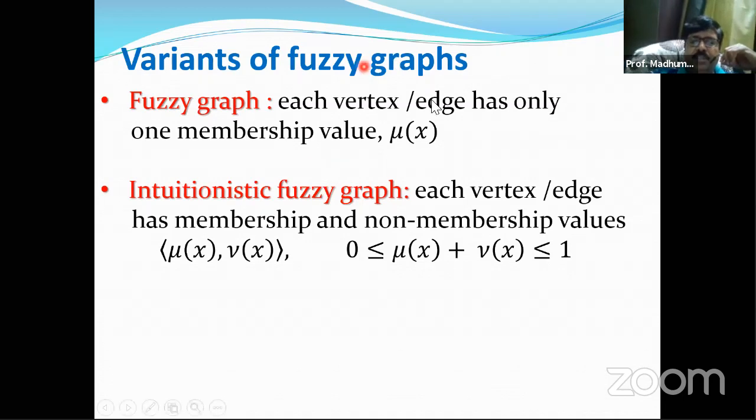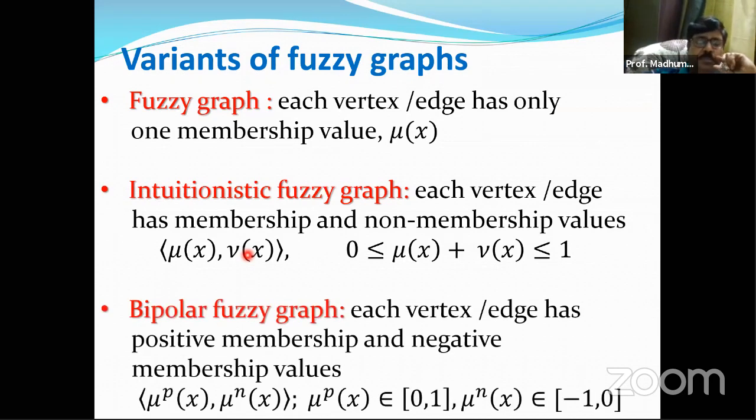See that in a fuzzy graph, only one parameter is considered. That one is known as the degree of membership value or degree of acceptance. But here we consider two parameters, degree of acceptance and degree of non-acceptance, or you can say the degree of rejection. If we consider two things for the same element, then we can define another type of fuzzy graph called the intuitionistic fuzzy graph.